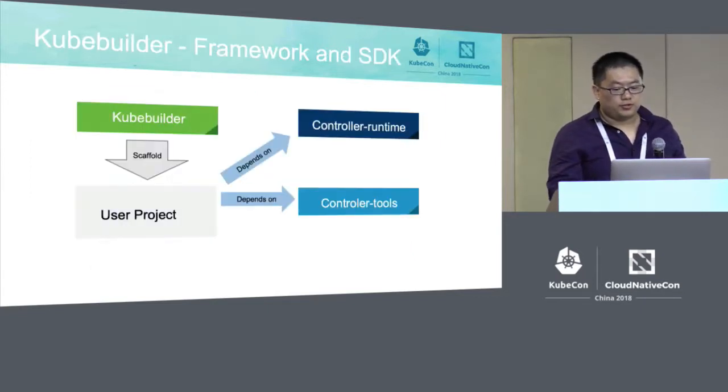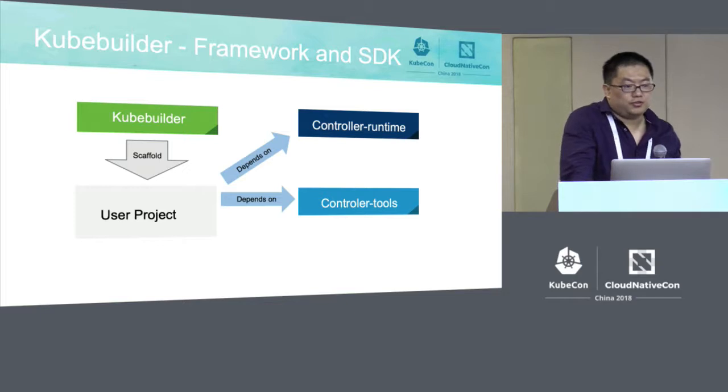So this diagram shows a high-level relationship between these parts. As a binary, Kubebuilder can be run from the command line. This is a command line tool to initialize the project and scaffold it with boilerplates and basic structures, including the hierarchy of APIs, controllers, webhooks, and the entry point of the controller manager, which is a wrapper of the controllers and the webhooks.